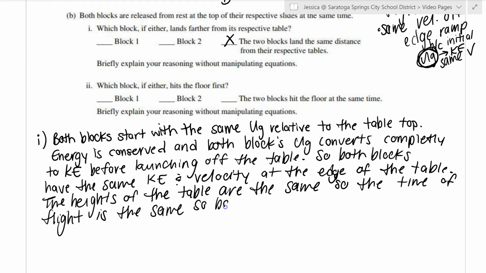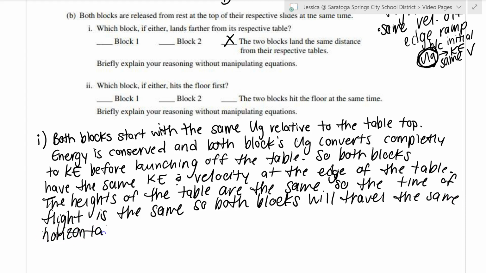So both blocks will travel the same horizontal distance. It's a very similar explanation as part A, just this time they are the same.